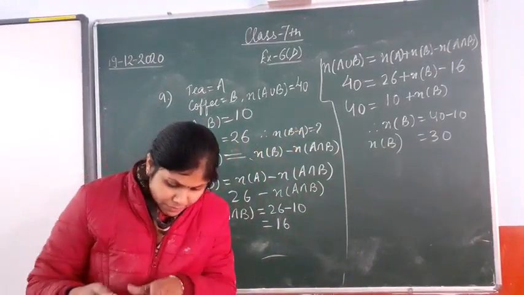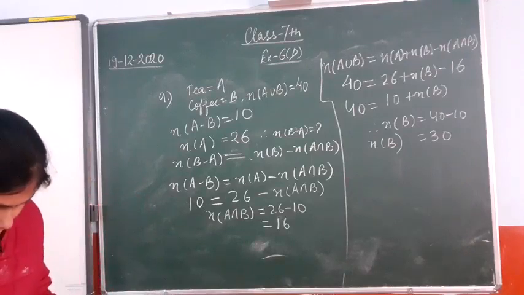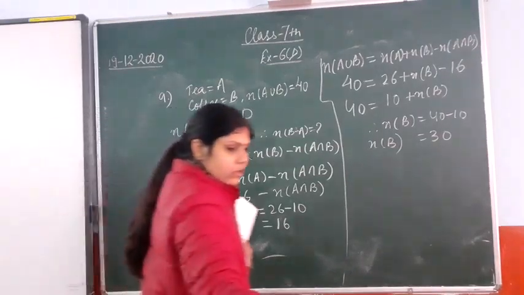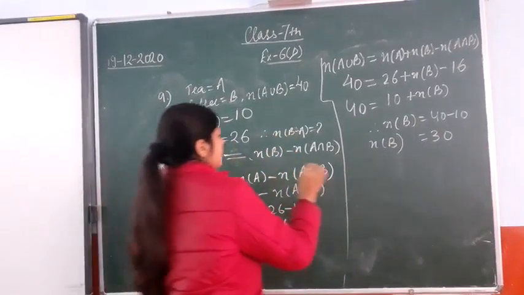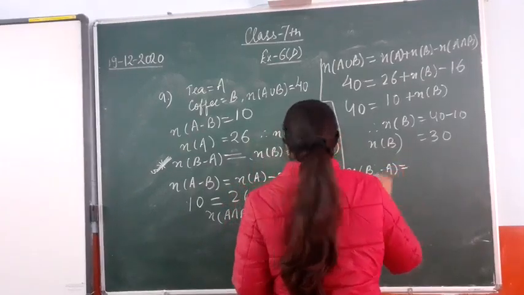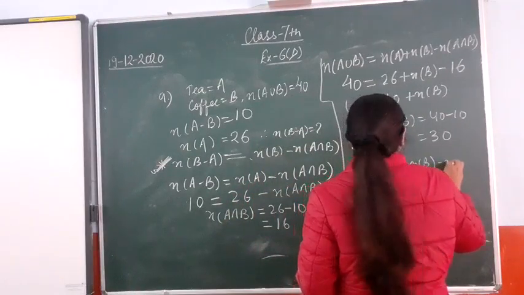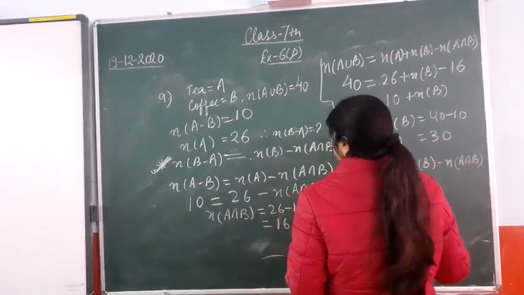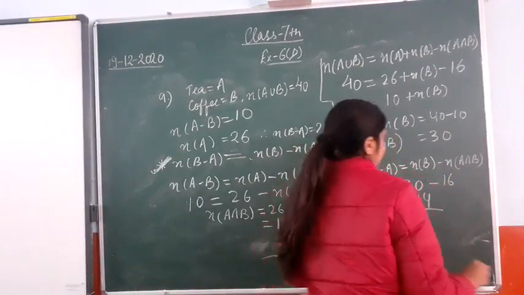And we have to take out n(B minus A). Now what do we want? We want this value. So n(B minus A) is equal to, put the value, 30 minus the intersection value, which is coming as 16. So the answer will come 14. This is the answer.